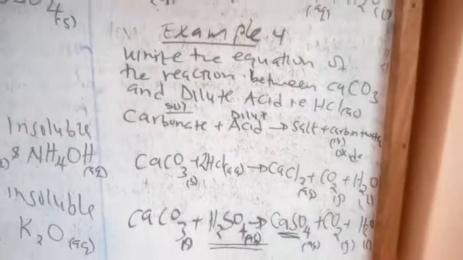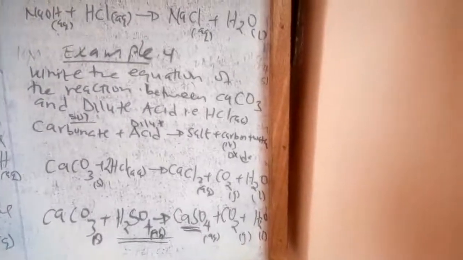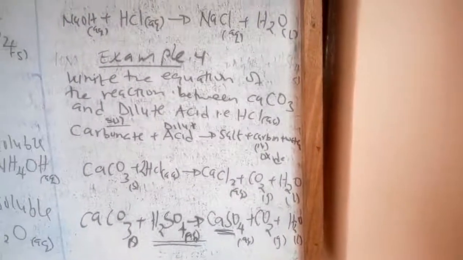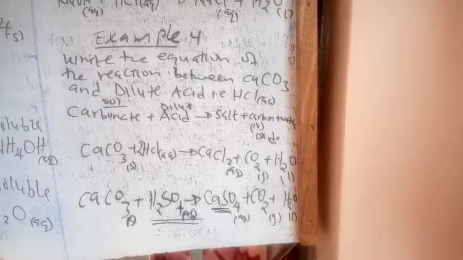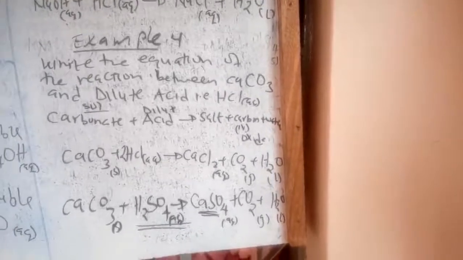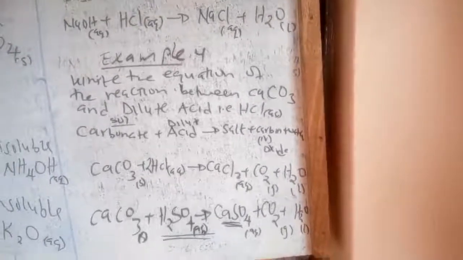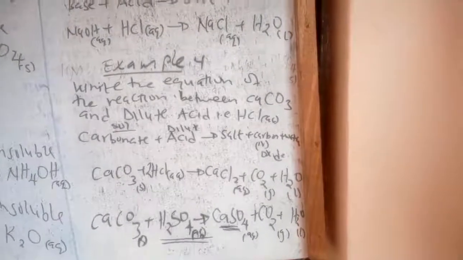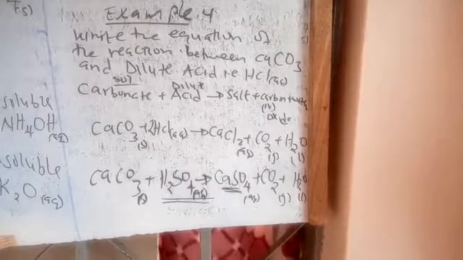So that is how, for example, in example number 4, I have decided to change the type of the acid and use dilute sulfuric acid, and you can see in this example I have gotten a different type of salt. In the first case I got calcium chloride, and you can see that calcium chloride is supposed to be written CaCl2 because calcium has a valency of 2.